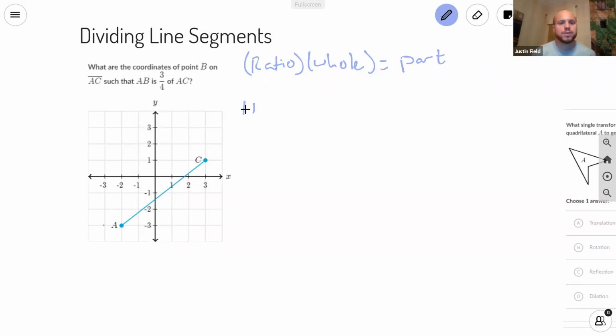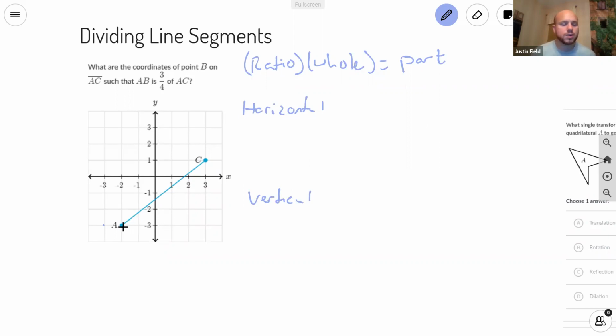We want to find the horizontal distance, and we want to find the vertical distance. And then we're going to multiply those by 3/4, and then we'll have our point.